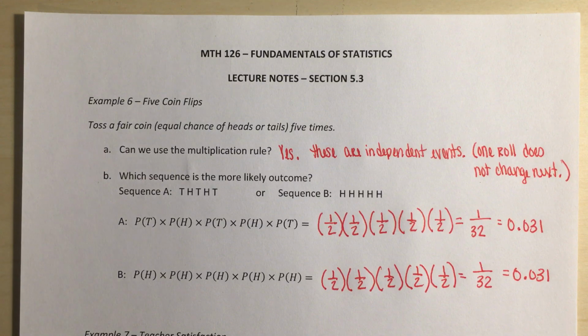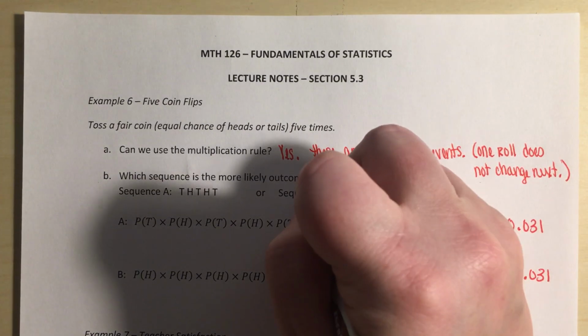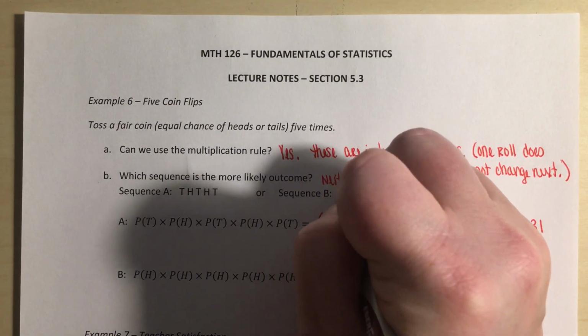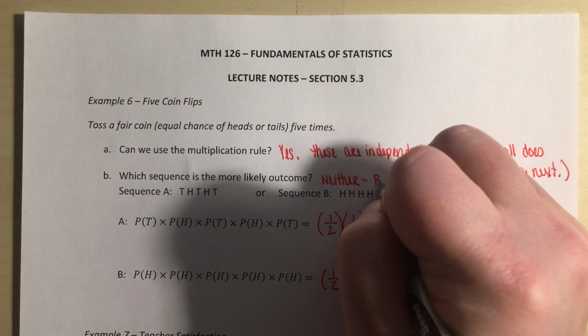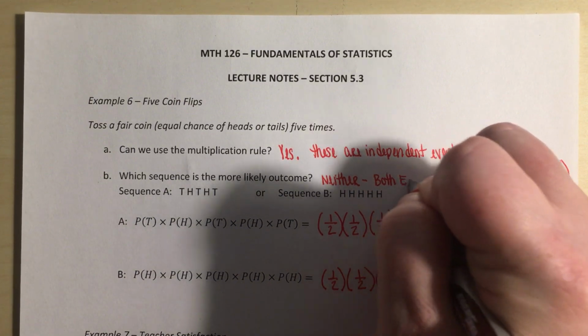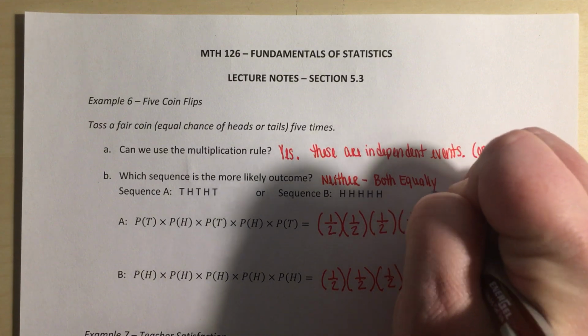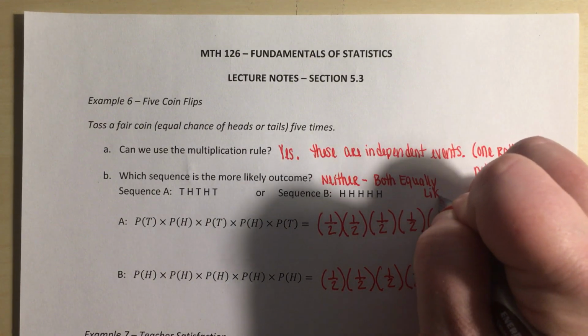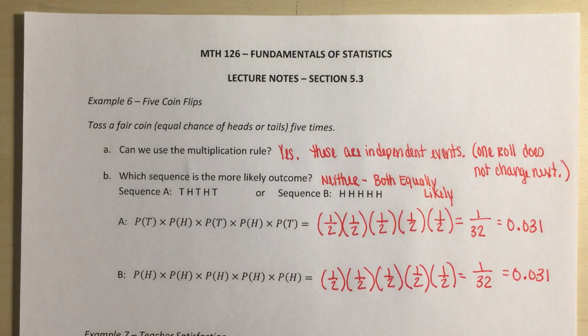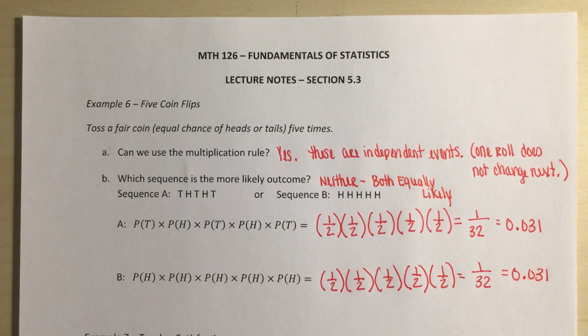Which sequence is the more likely outcome? Neither. They are both equally likely. The probabilities that we got, though they're small, are exactly the same.